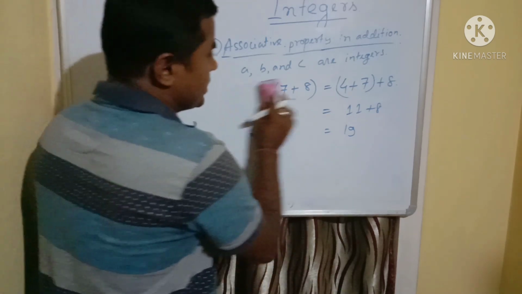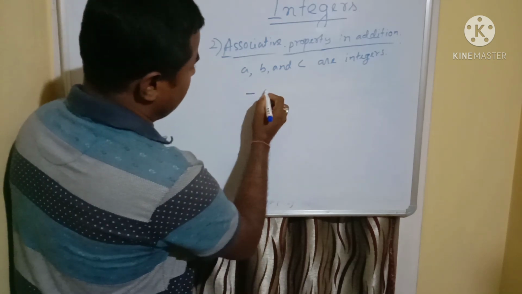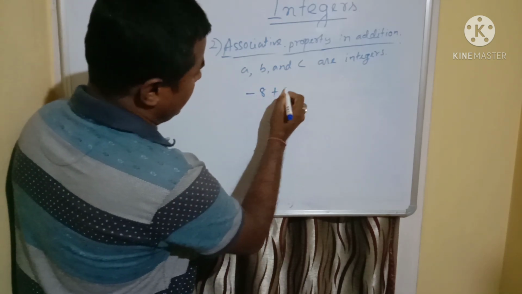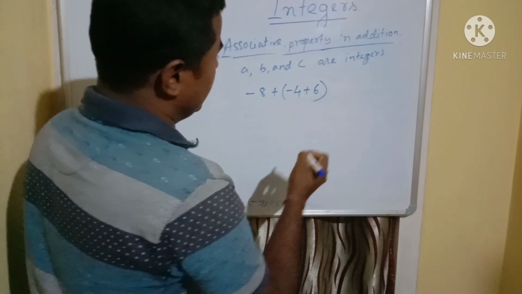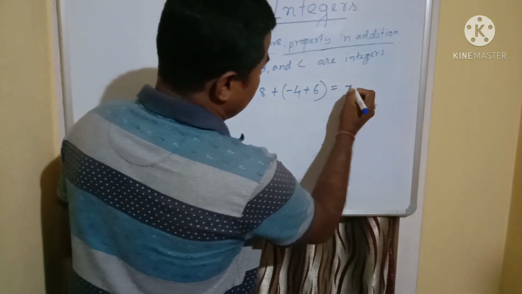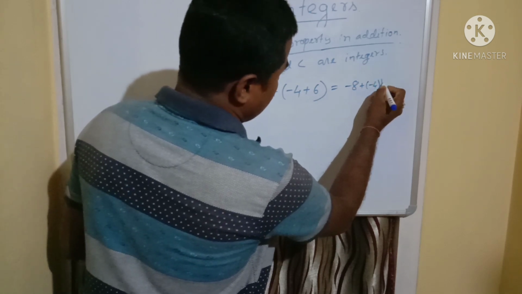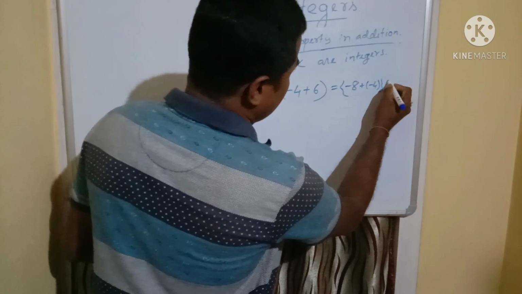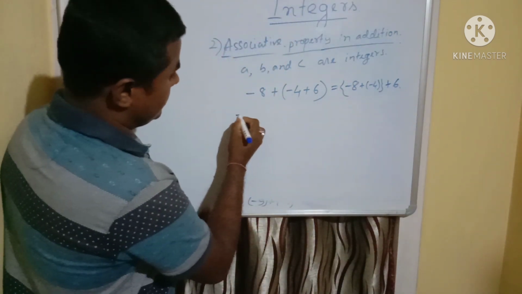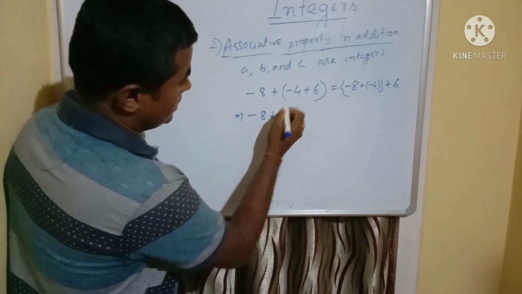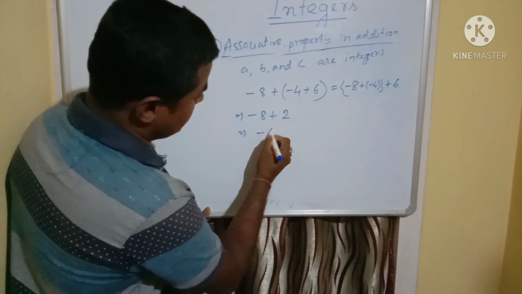If we take negative integers, minus 8 plus (minus 4 plus 6) equals (minus 8 plus minus 4) plus 6. Minus 4 plus 6 is 2, and minus 8 plus 2 is minus 6.